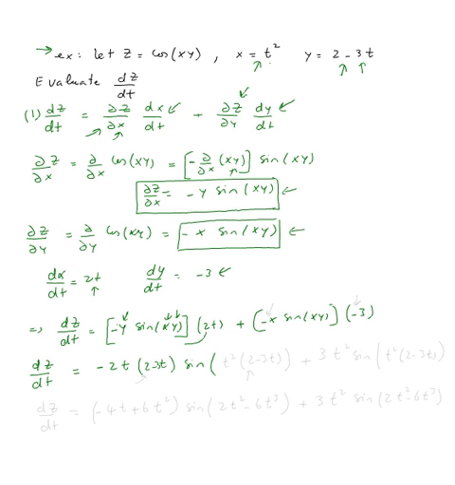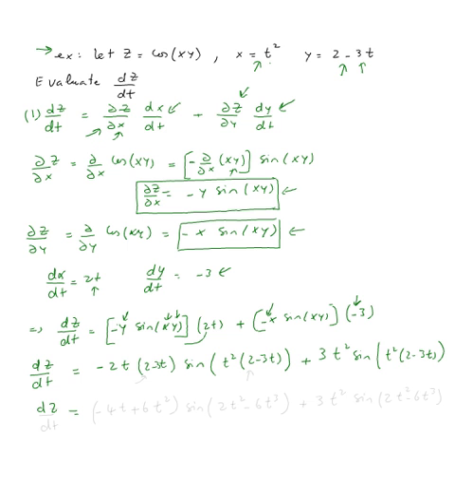And then sine of x times y. This is x, t squared, and the y is 2 minus 3t. Plus, minus times this minus becomes plus, so 3 times x, which is t squared, sine of xy, same thing, t squared times (2 minus 3t).